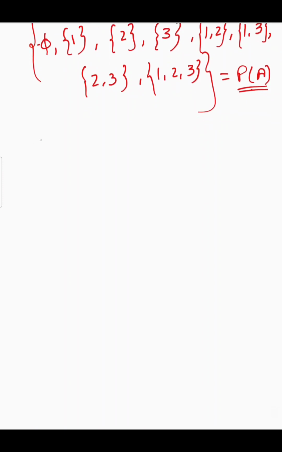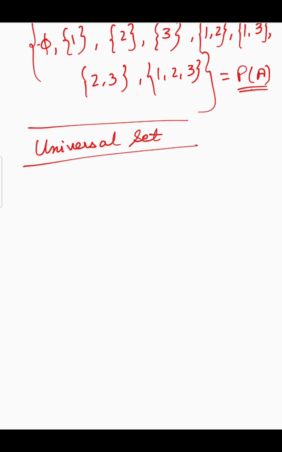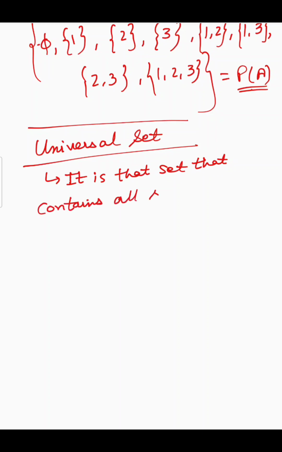Now, what is the universal set? What is universal set? Universal set is that set that contains all sets in a given context.